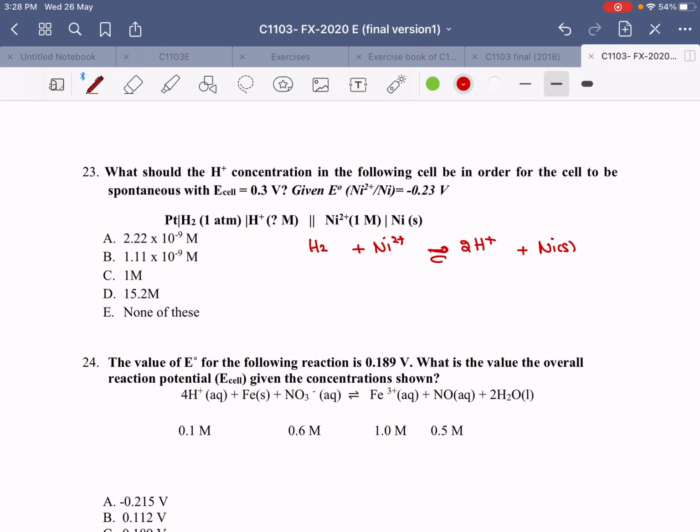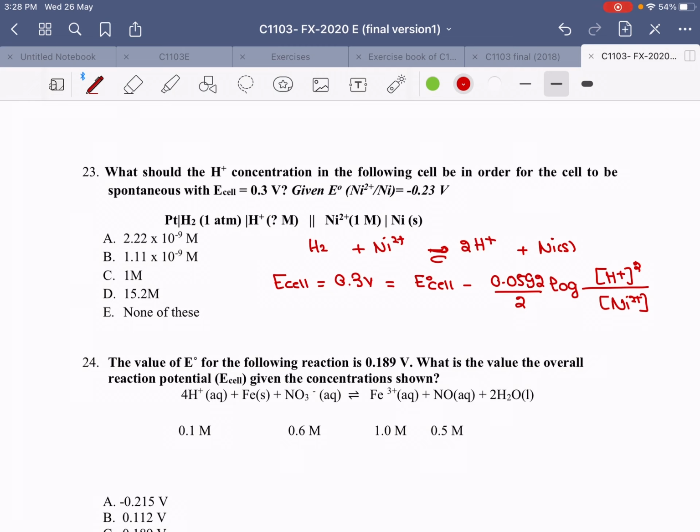Okay, then E of this cell, which they told me is 0.3 volt, is equal to E0 of this cell minus 0.0592 over the number of electrons exchanged, 2, log products, H plus squared divided by Ni2 plus.